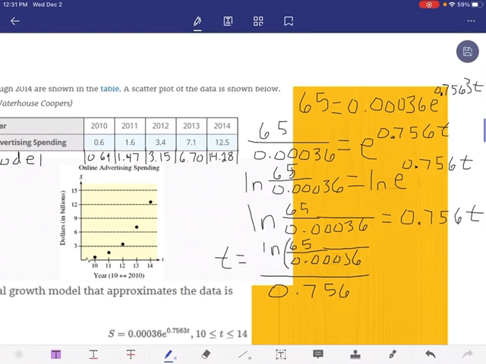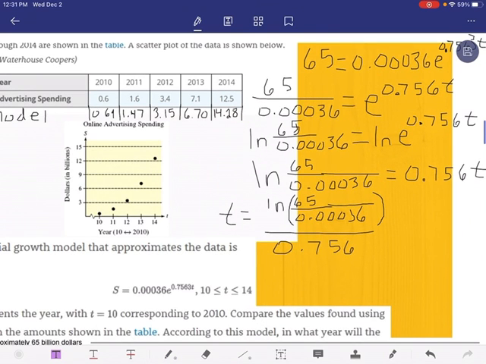Now be careful, because that 65 divided by our decimal is all inside of our logarithm, while the big division by the 0.756 is outside of our logarithm. So when we plug that in, we're going to need to make sure that we end our parentheses after the 6 when we're plugging into our calculator.